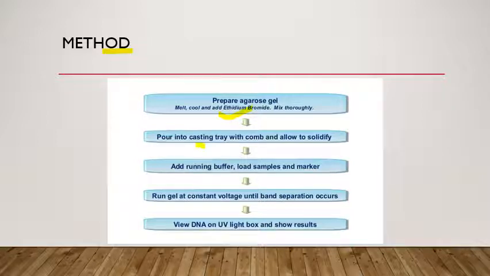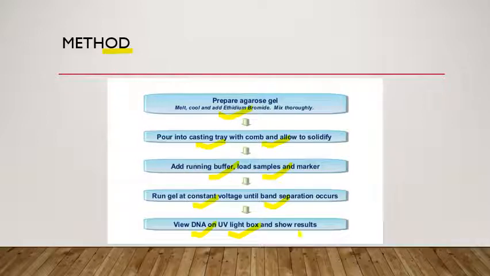Then the gel is poured into the casting tray with the comb and allowed to solidify, as you have seen in the sample preparation. Then add the running buffer into it, load the samples and mark them. Run the gel at constant voltage until the band separation occurs. Then you can view your sample or gel on a UV light box.